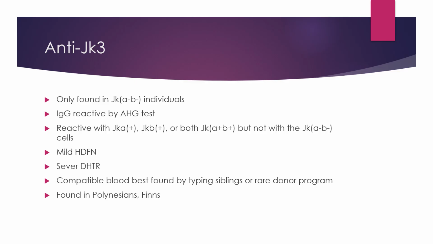Anti-JK3 is known to cause severe delayed hemolytic transfusion reactions and mild hemolytic disease of the fetus and newborn. Compatible blood can best be found by typing siblings of the patient or from the rare donor program. Anti-JK3 is most commonly found in the Polynesian and Finnish populations.